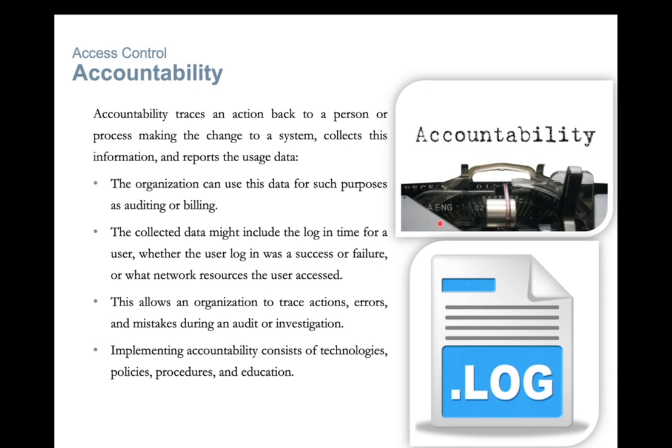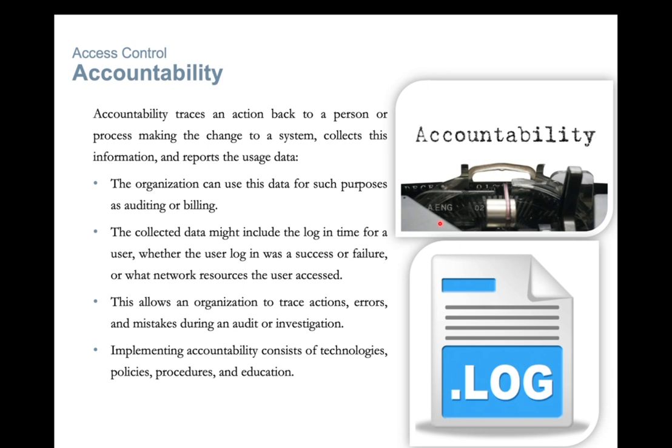Login failure can indicate that a criminal tried to hack an account. Login success tells an organization which users are using what resources and when. Is it normal for an authorized user to access the corporate network at 3 a.m.?